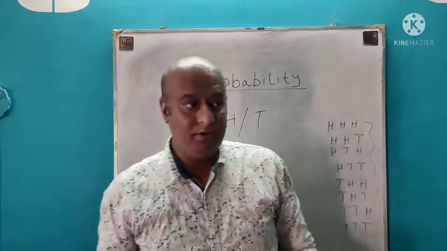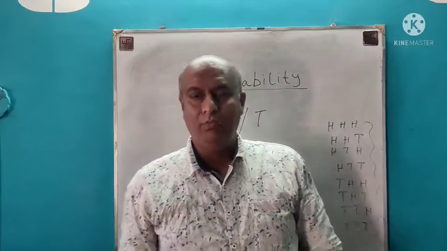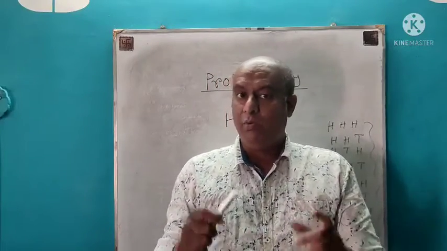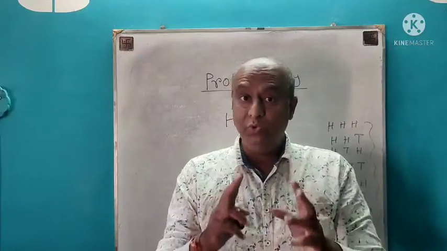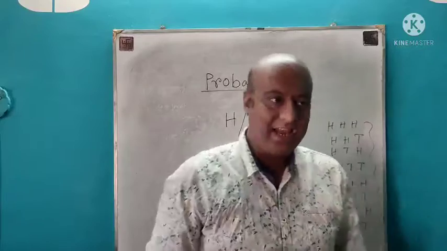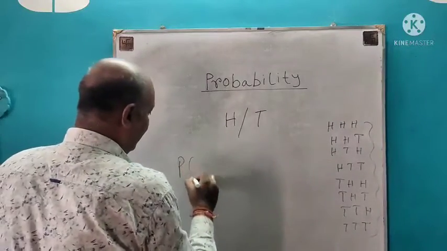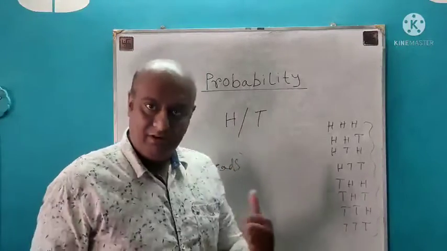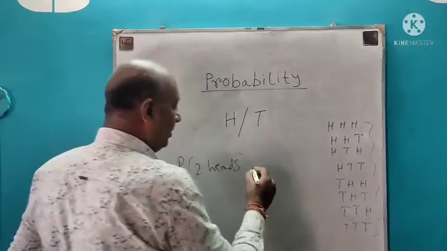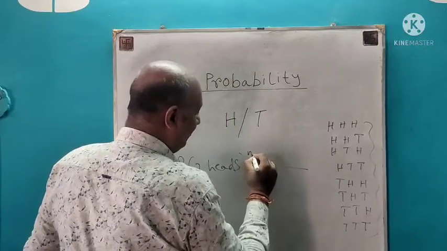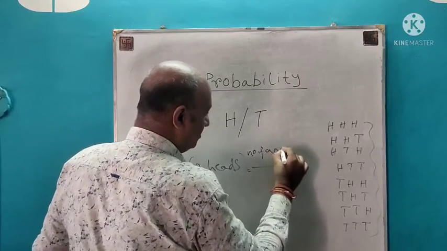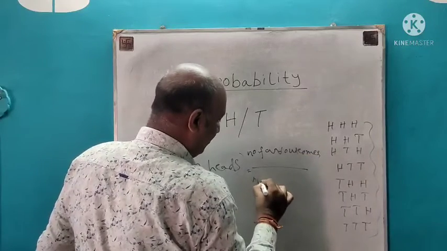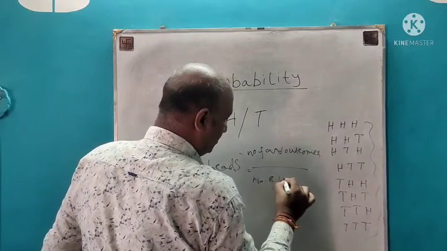Now let's take an example with this sample space. We have tossed 3 coins. What is the probability of getting exactly 2 heads? As per the formula that we have learned in the previous video, the probability is calculated as the number of favorable outcomes by the number of total outcomes.